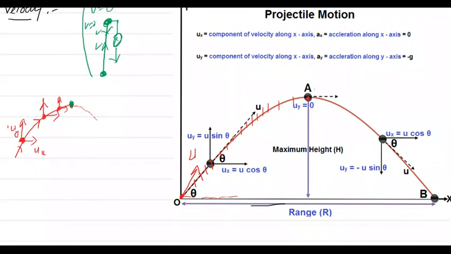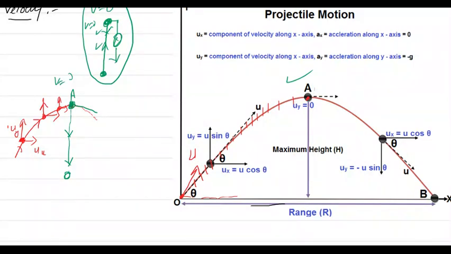So here the concept is a little bit the same. Suppose this is point A in this diagram. If the velocity became zero here, then the object must fall down over here. But we see that it is not falling, it is moving ahead, not in the upward direction, just in the downward direction. So what happened?